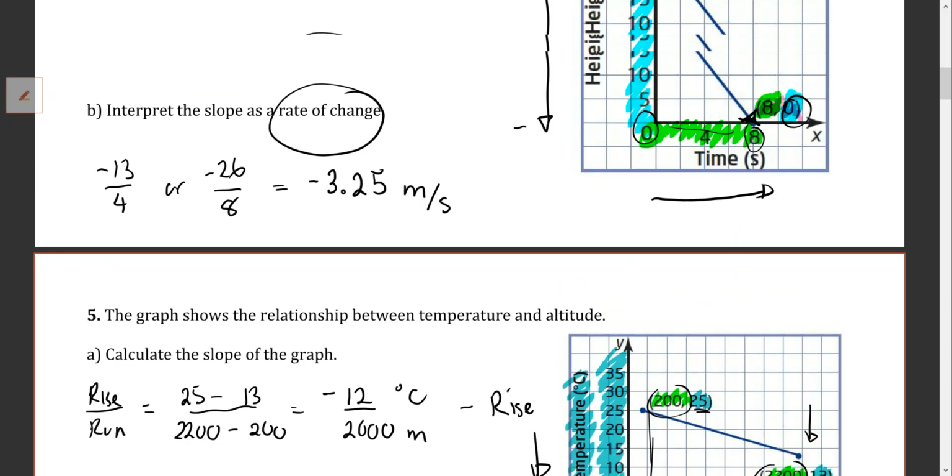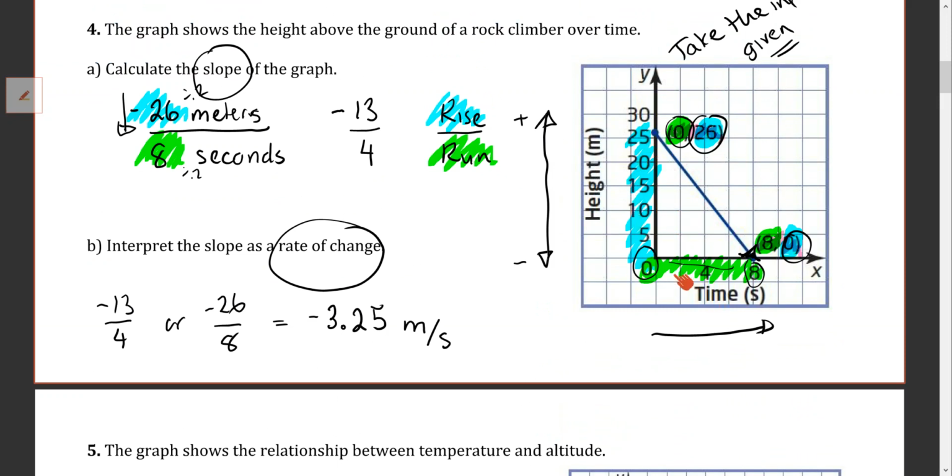Because in this problem, as time goes up, the climber comes down. And the line is down and the climber's coming down. So it looks like the climber is doing this, yeah? But it's not really that, it's the time and the heights that we're actually measuring.